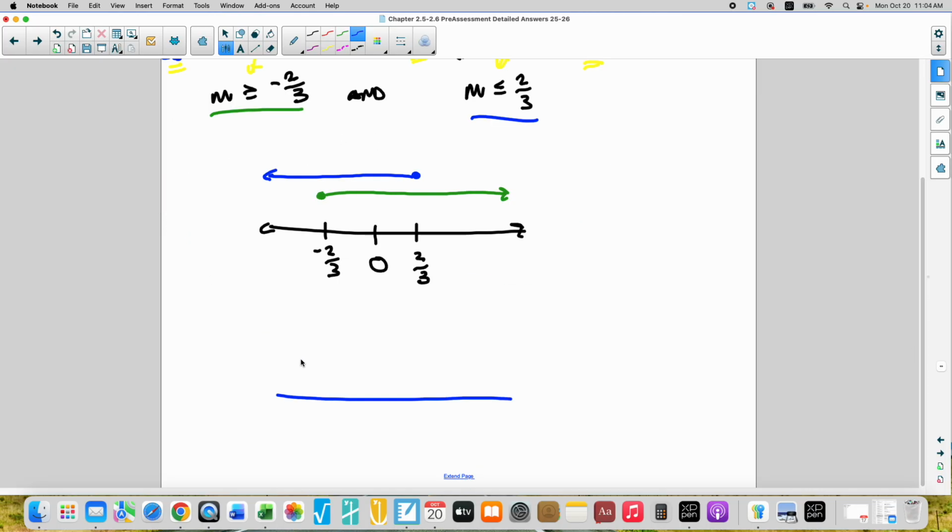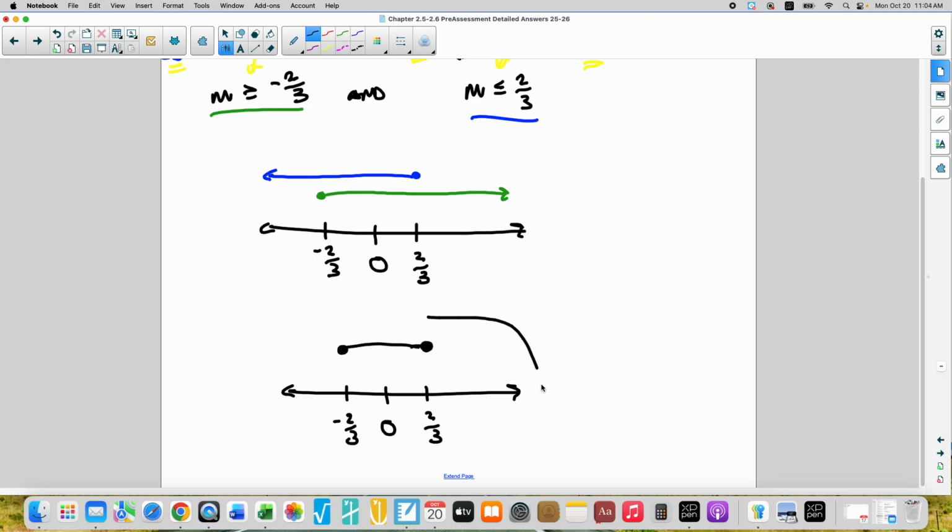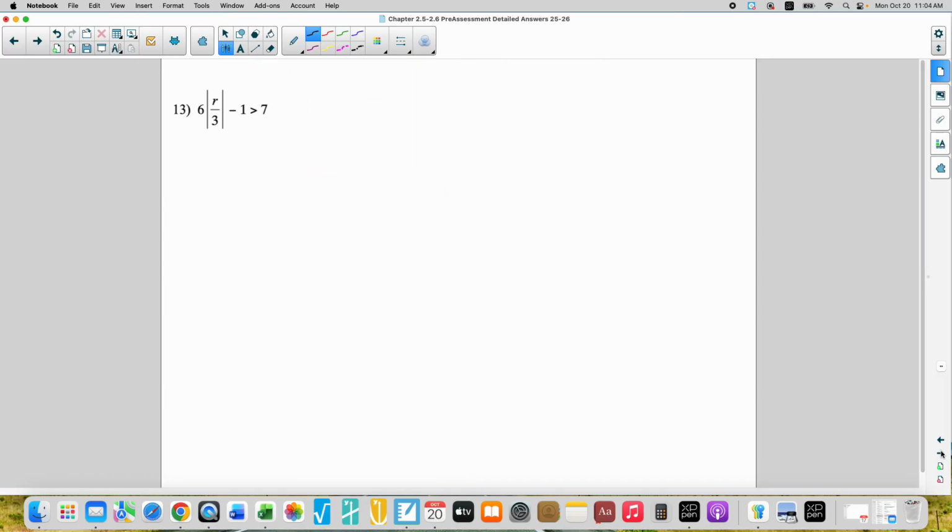We need where it happens both times. Negative 2/3, 0, 2/3, closed circles going between negative 2/3 and positive 2/3. Good. All right, you should be getting these.